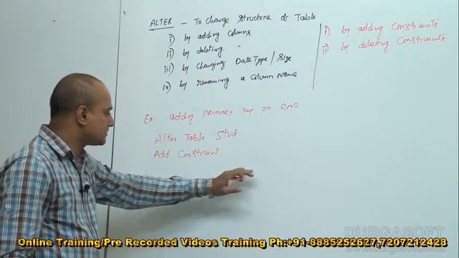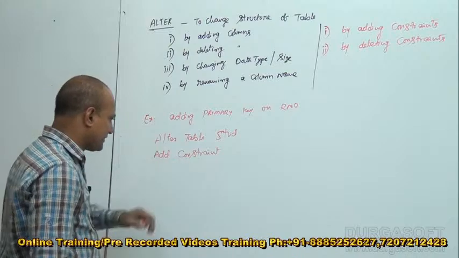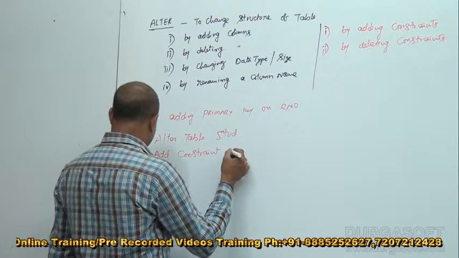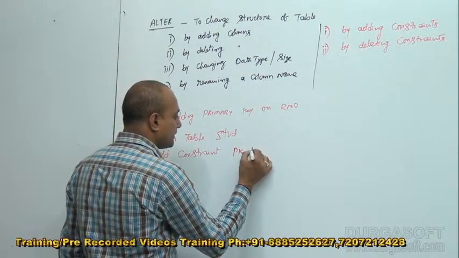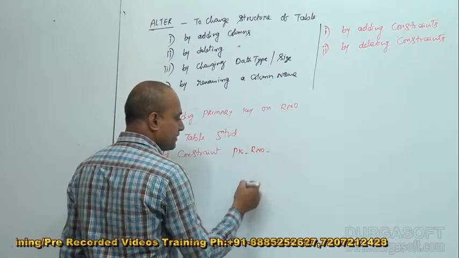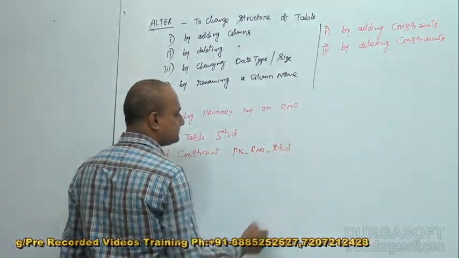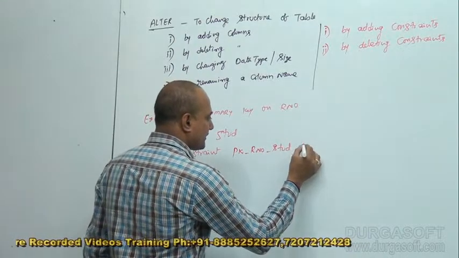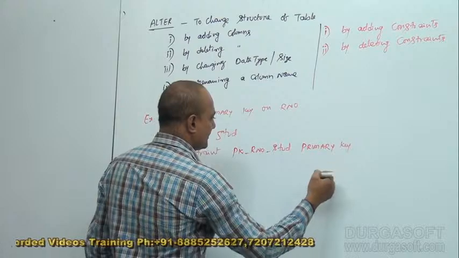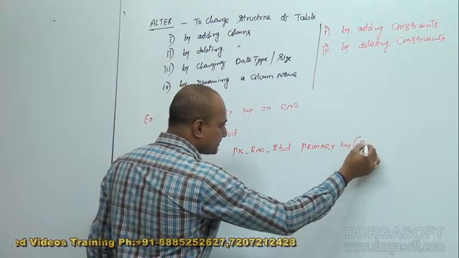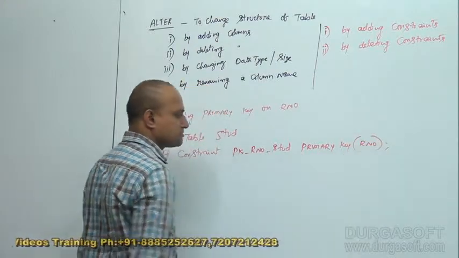For adding constraints, add constraint. Specify the constraint name, primary key, defining on roll number under the table stud. What type of constraint are you adding? Primary key. And on which column? Roll number. Finish.